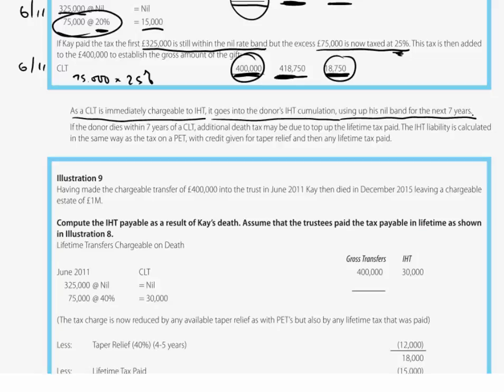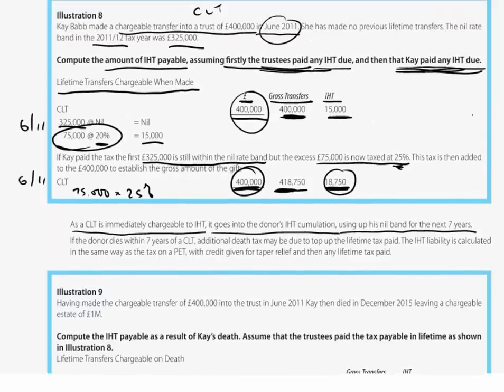So because it's a cumulative donor-based tax, any CLT you make now is going to impact on any available nil rate band for future CLTs for the next 7 years. Looking at what just happened in illustration 8, in June 2011, we used up all of the available nil rate band.